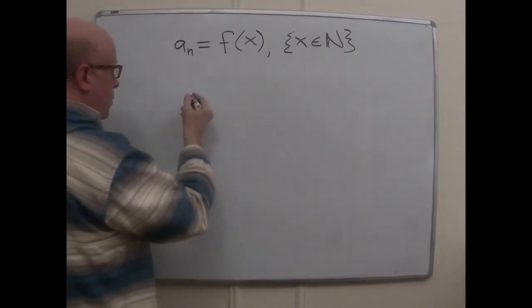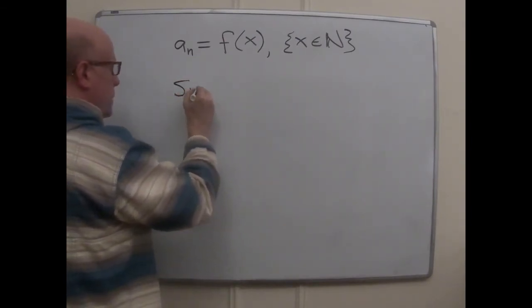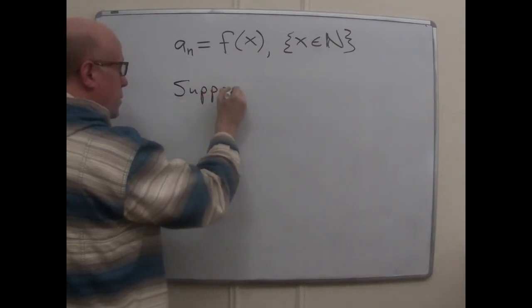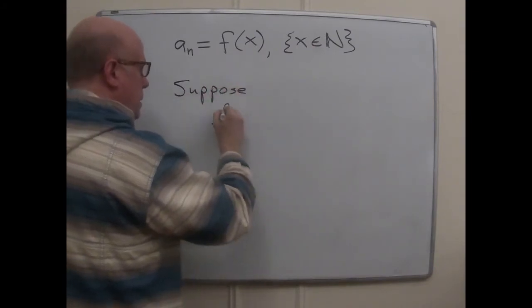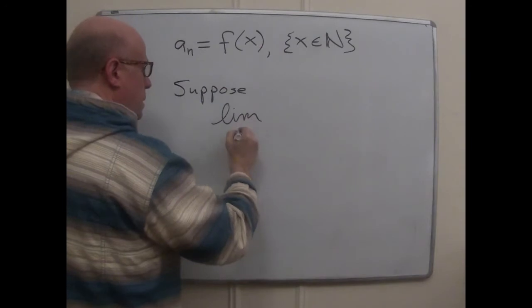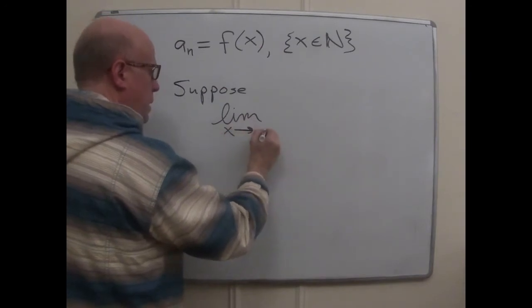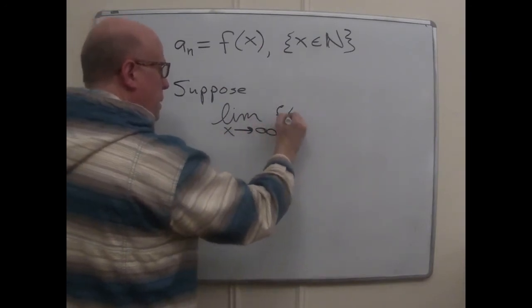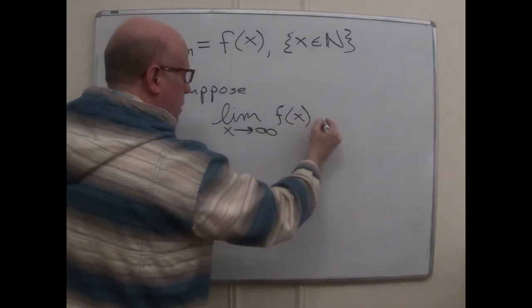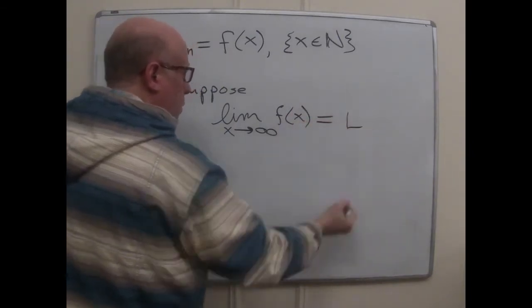Suppose you have a function that has a decent limit as x goes to infinity. That is, the limit as x goes to infinity of f of x equals some number. Let's call it L for limit.